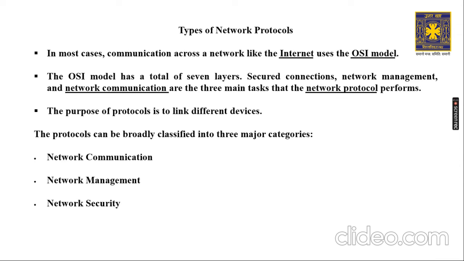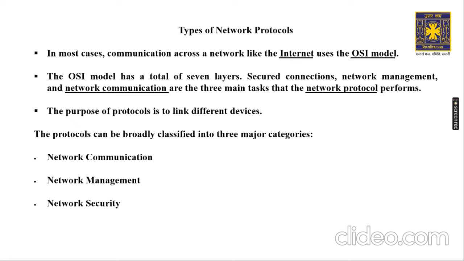Now there are different types of protocols. In most cases, communication across a network like the internet uses the OSI reference model. The OSI model has a total of 7 layers. Secured connections, network management, and network communication are the 3 main tasks that the network protocol performs.